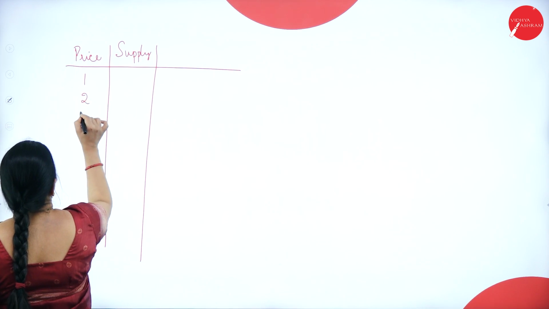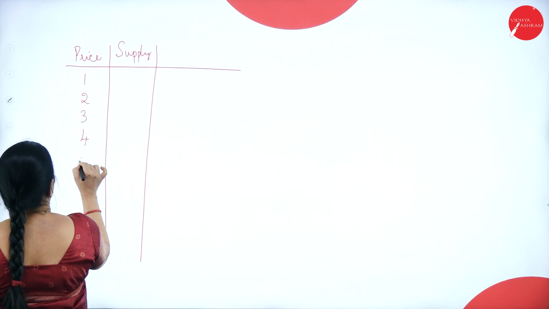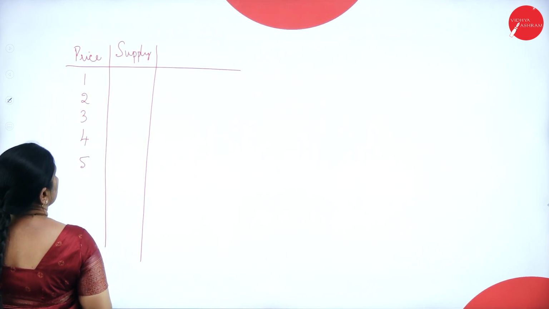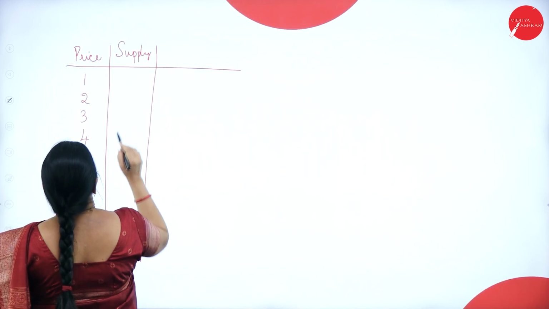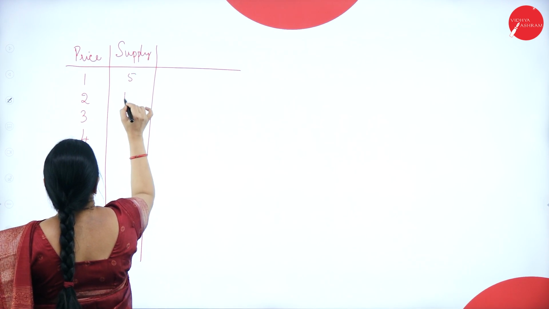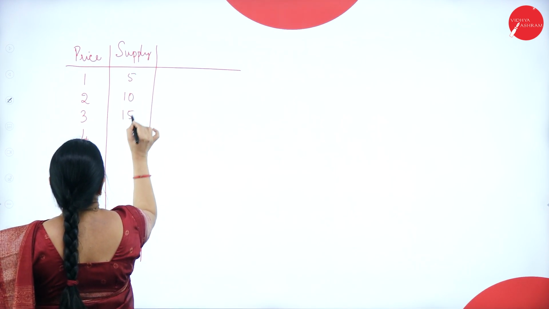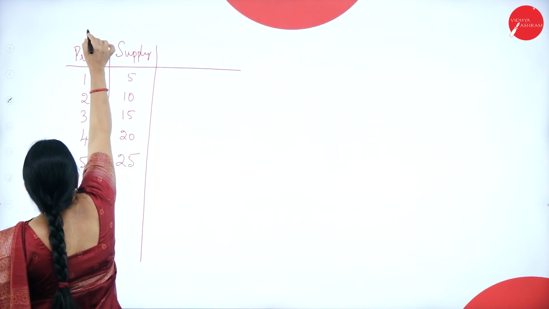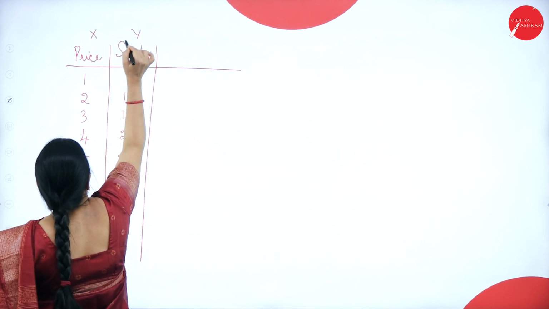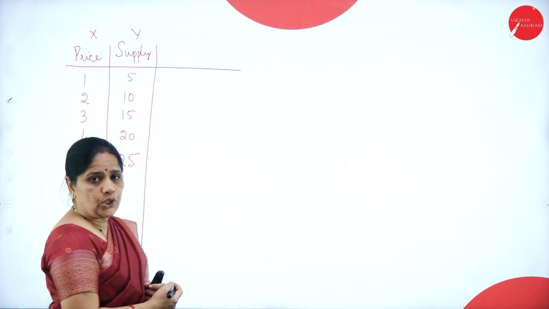Now we have the supply 5, 10, 15, 20, 25. Now this is the x value, this is the y value.